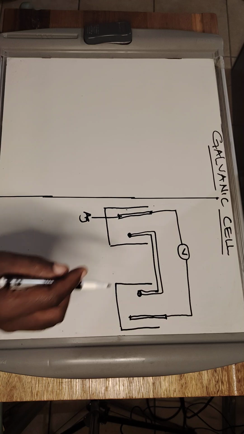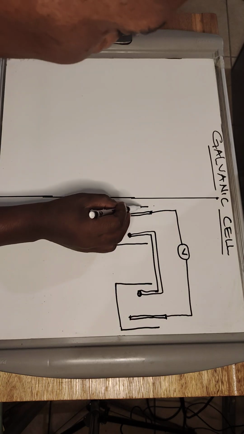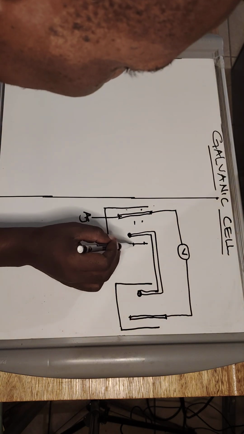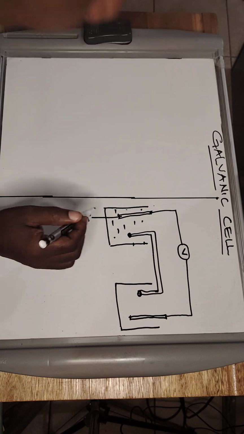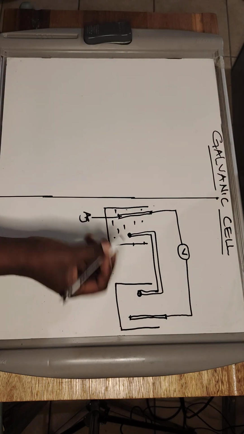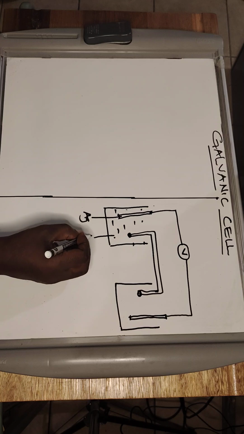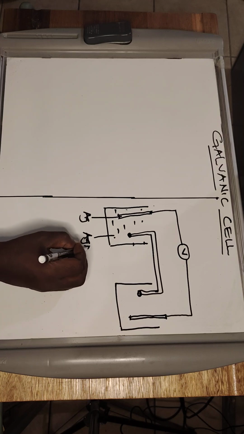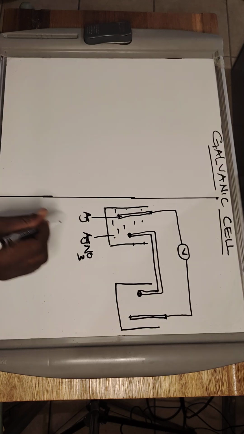If this is a silver electrode, the solution in which it is immersed must be a soluble silver salt. Let's take silver nitrate as the salt.